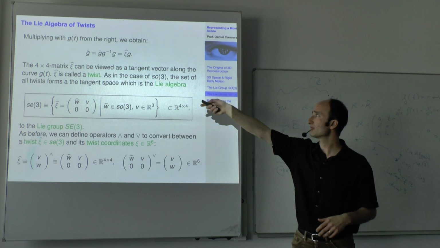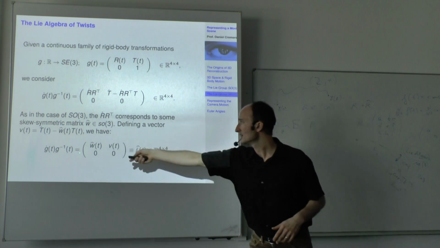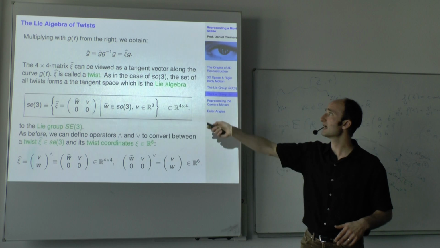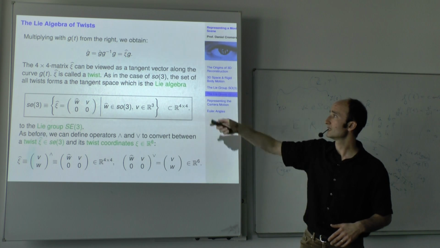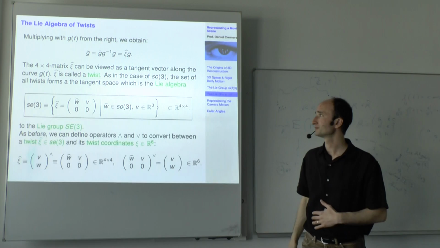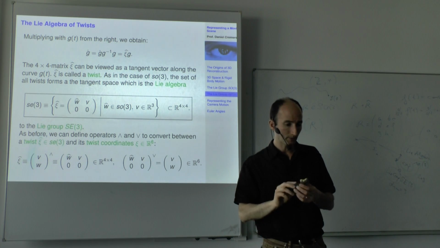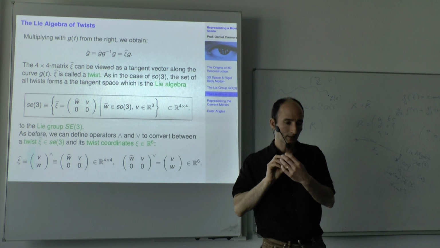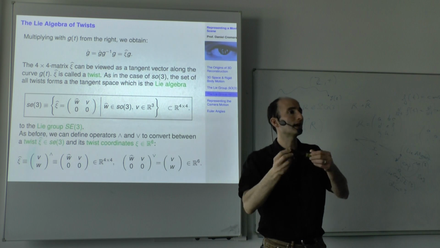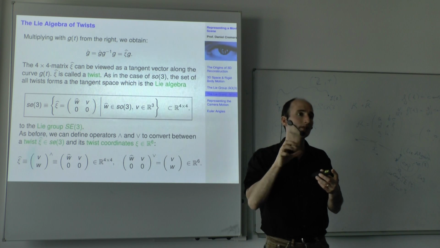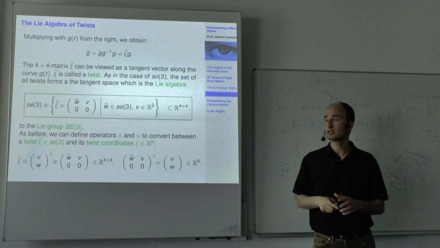So we just multiply with g from the left-hand side, and then we get g dot is psi hat times g, where psi hat is this twist matrix. Psi hat is called a twist. Why is it called a twist? Because twisting means that you rotate and translate at the same time. And in infinitesimal, rotation and translation is called a twist motion.